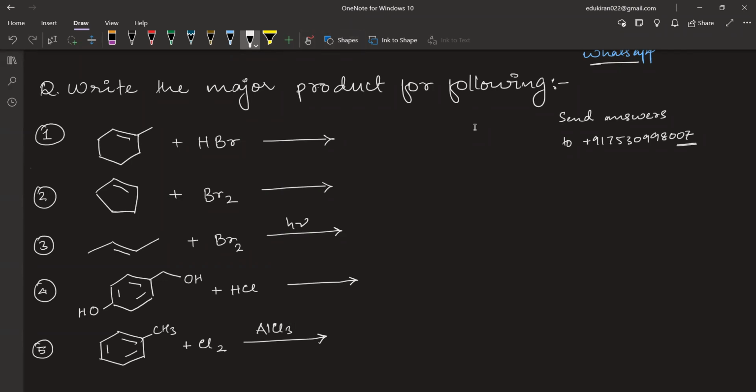No need to make PDF or something. Oh, okay.